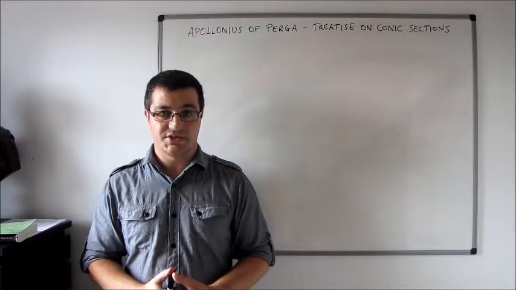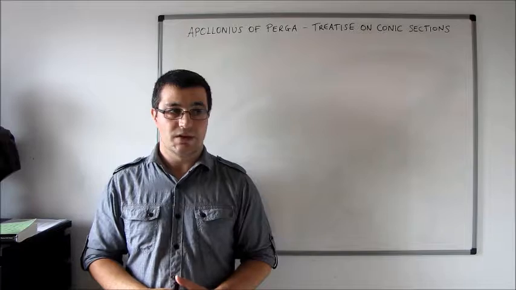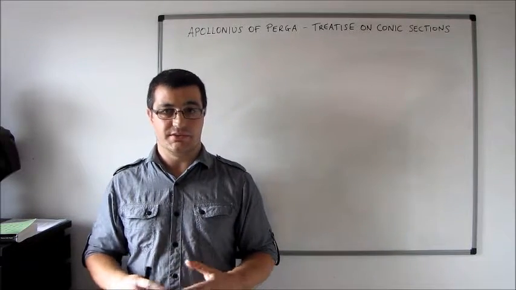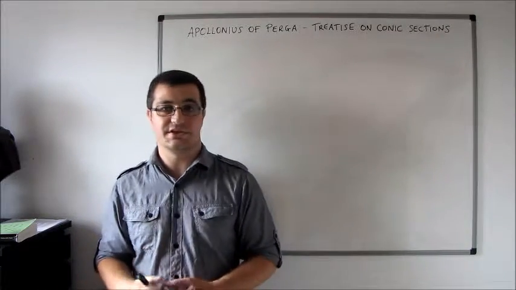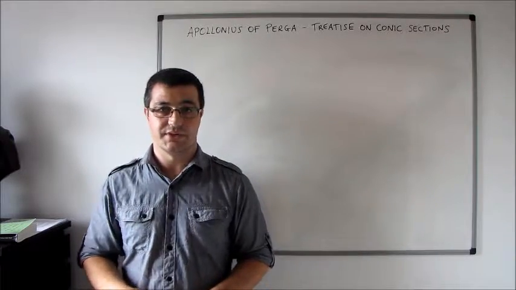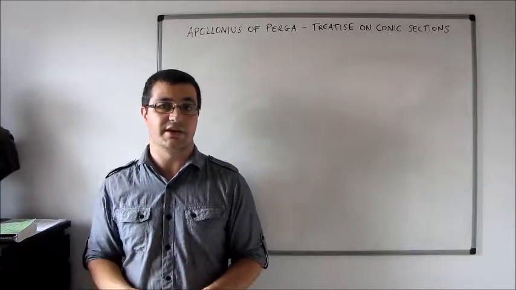For a modern mathematician, it can sometimes be quite difficult to follow Apollonius's work due to the difference in approaches. For a modern mathematician, geometry is usually done via coordinate geometry, so a lot of it is reduced to an algebraic form.